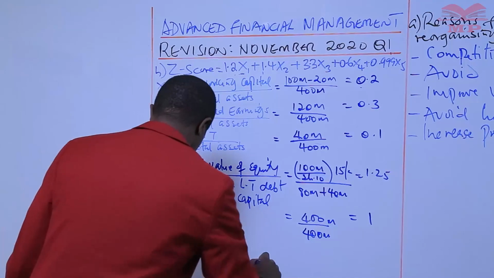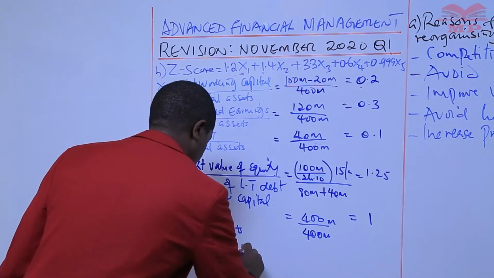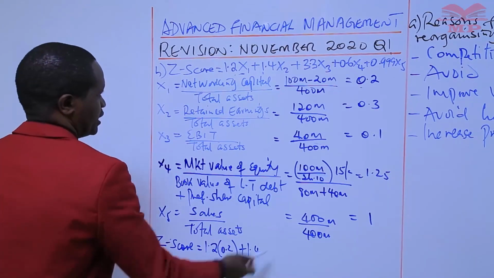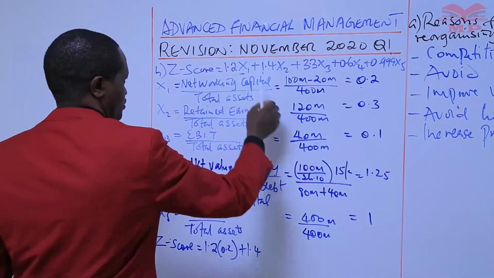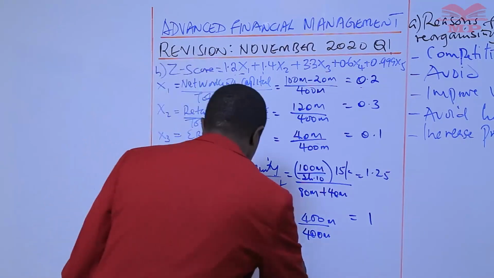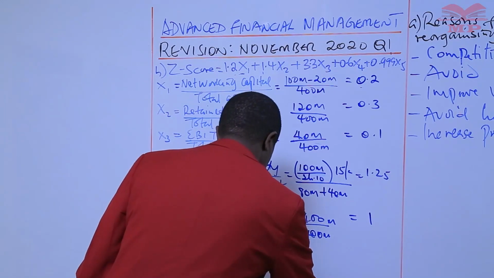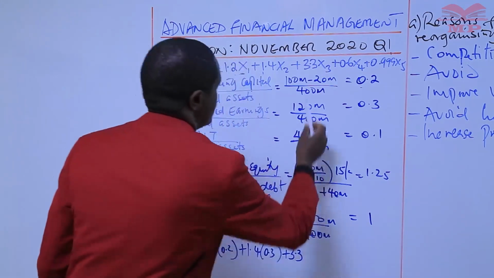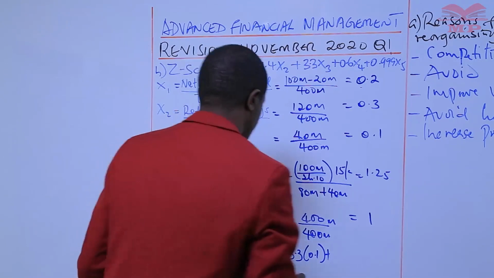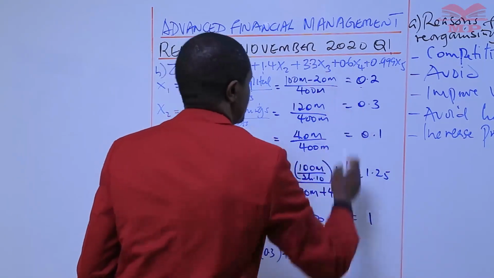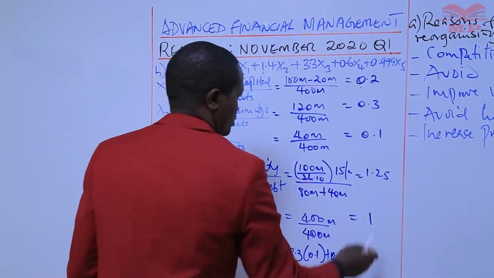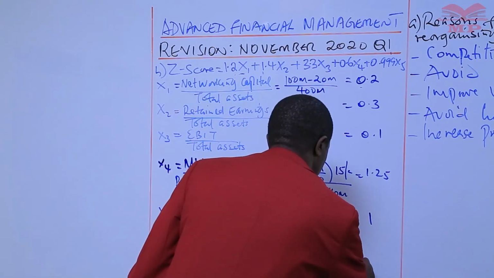Then we add 1.4 times 0.3, plus 3.3 times 0.1, plus 0.6 times 1.25.